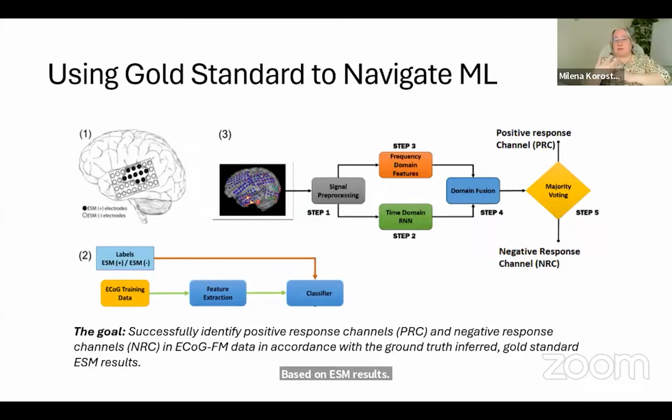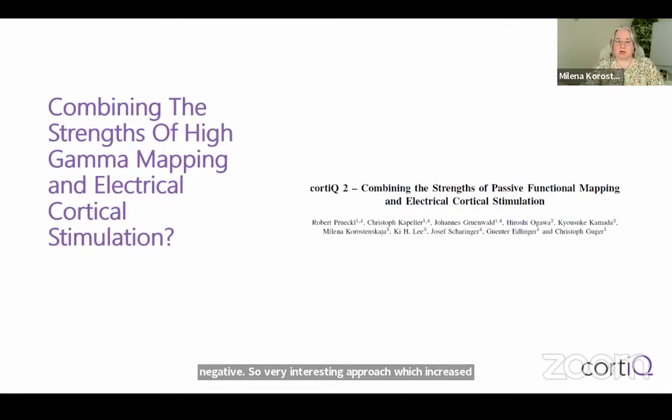And then we were feeding this upcoming ECOG activity from a language task into this classifier to classify the contacts into language positive and language negative. So very interesting approach, which increased significantly our sensitivity, specificity, and overall accuracy.